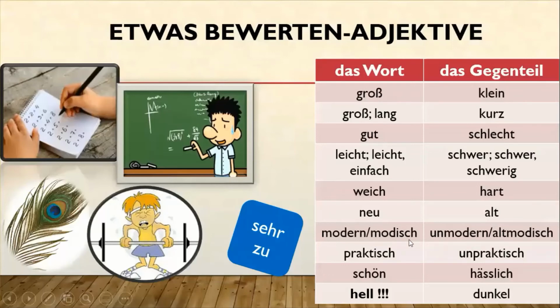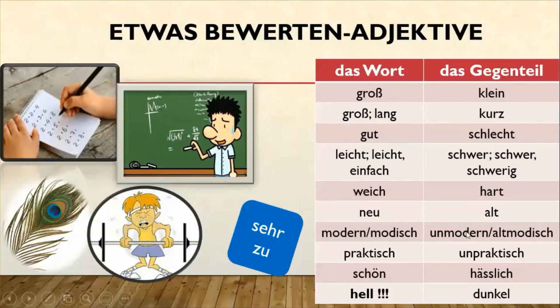But we can also say, particularly if we are referring not to something being modern and not modern, but in terms of fashion, we can use the adjective modisch if it's fashionable, altmodisch if it's old-fashioned. But in the German language, we often use un before adjectives when we are mentioning the opposite of an adjective.